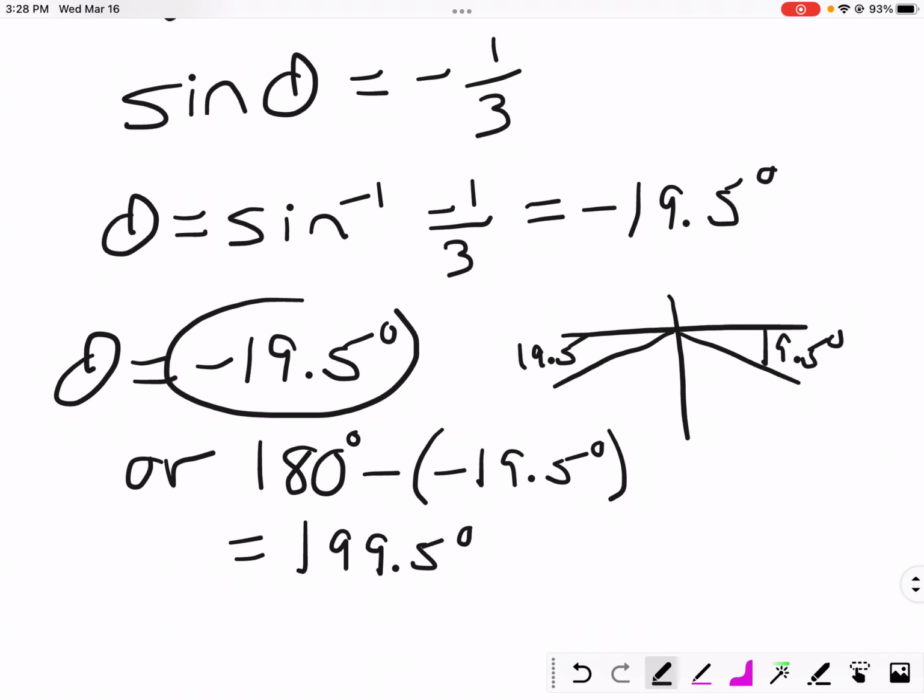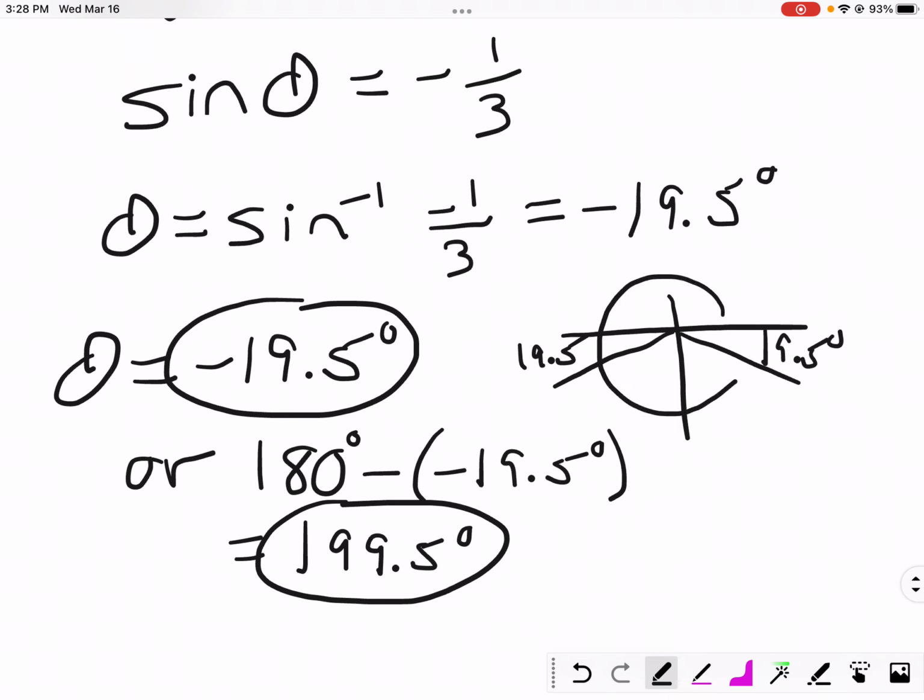The thing is, this angle there and this angle there are the two answers. However, the first one, this negative 19.5 degrees, we are typically going to write as an angle between 0 and 360. So we're going to change this 19.5.